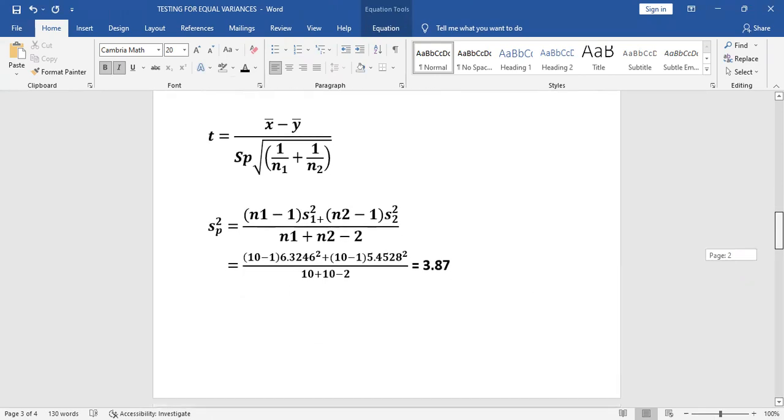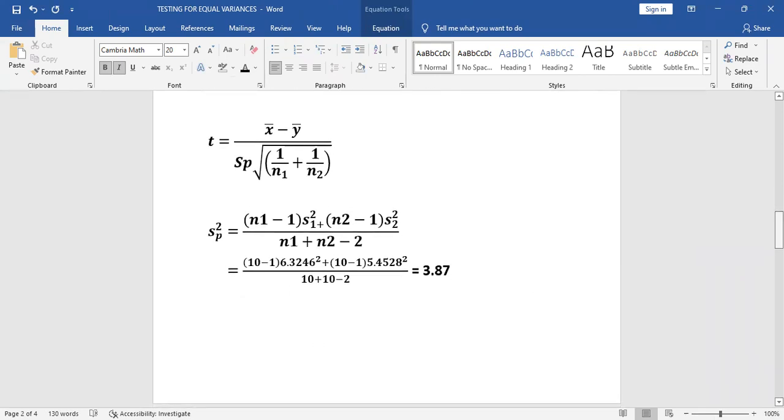Then this which I have is the pooled variance, 34.87. Sorry about this. This which I have is the pooled variance. But when we look at this one, this is the pooled standard deviation, the SP. So I need to take the square root of my pooled variance to find the pooled standard deviation. SP is equal to the square root of the pooled variance.